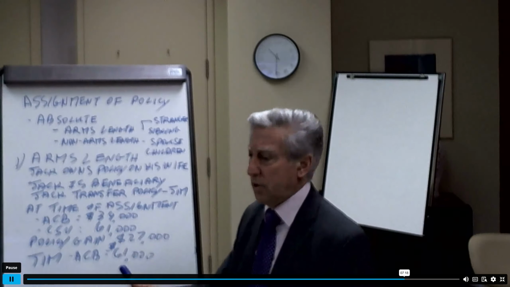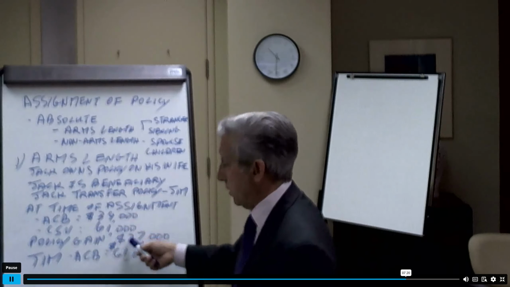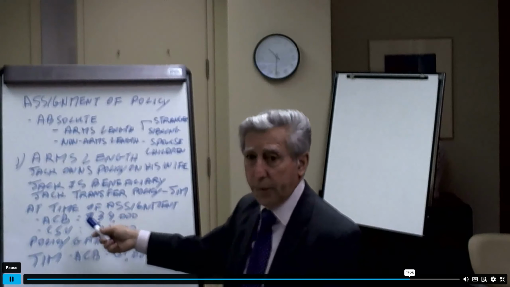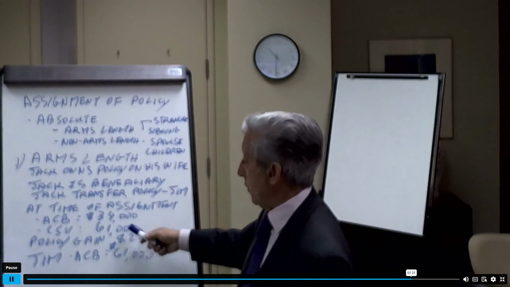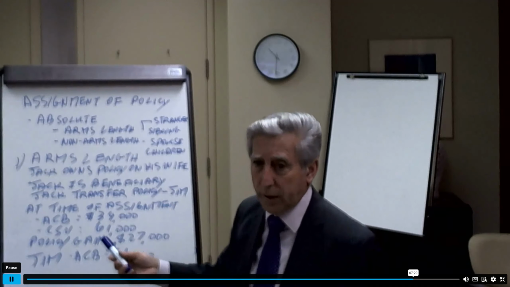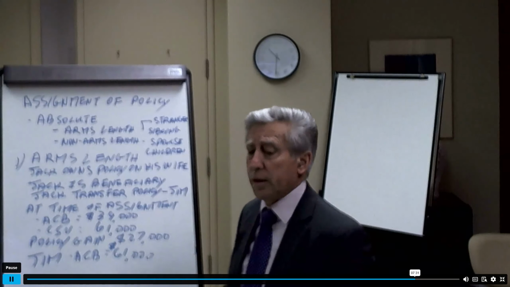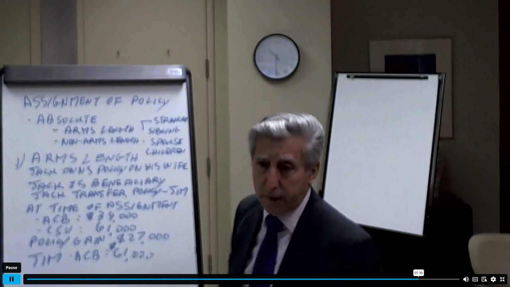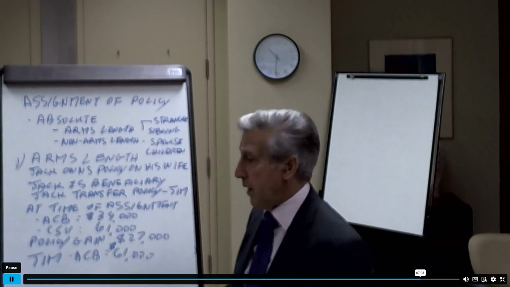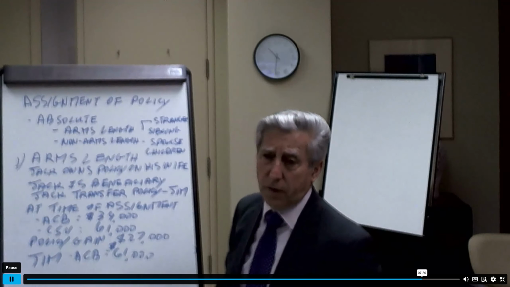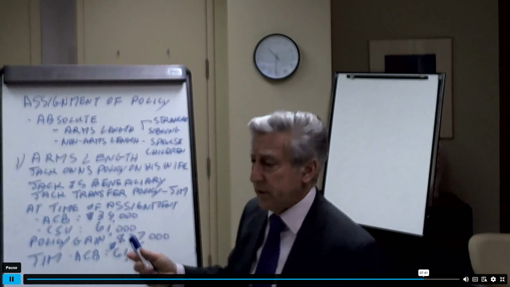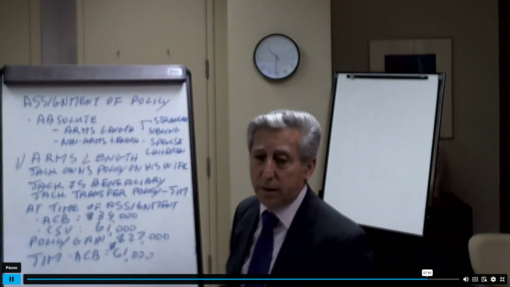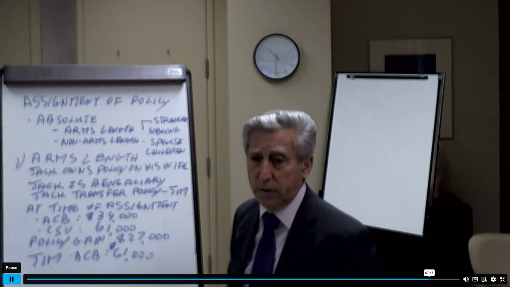So whether your deemed disposition is while you're alive, as in our example here, or let's say Jack died, in the exact same scenario where the ACB was $34,000 and the CSV was $61,000 upon his death, there'd still be a policy gain. This time, however, the policy gain will be to Jack's estate. So the estate will have a tax liability of, let's say, 35% of $27,000, same thing. And once again, Jim would receive the policy at an adjusted cost base of $61,000.